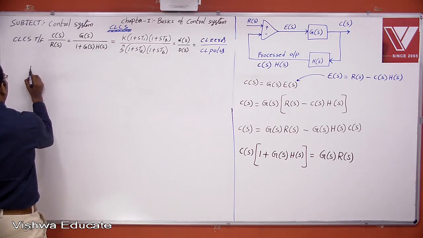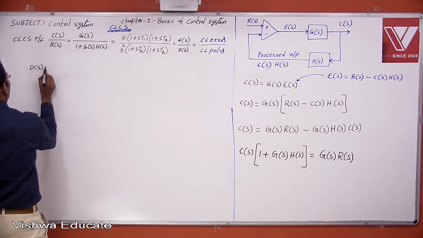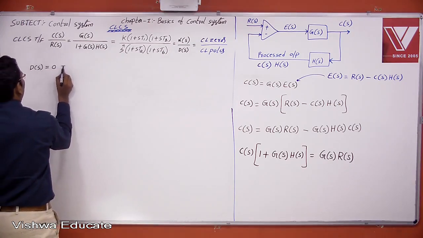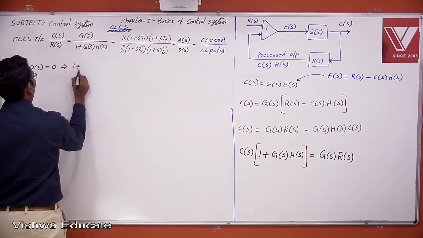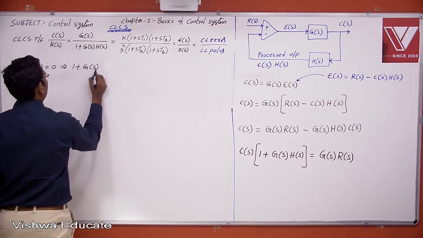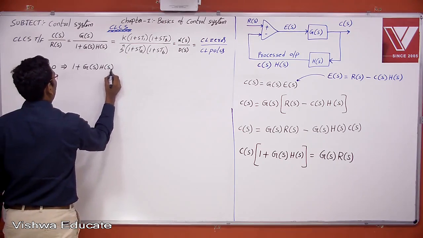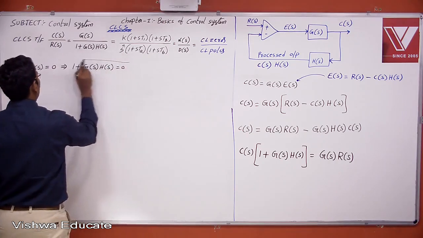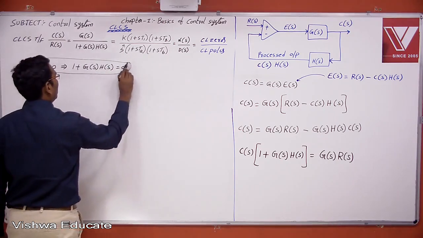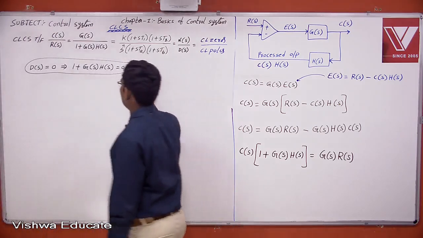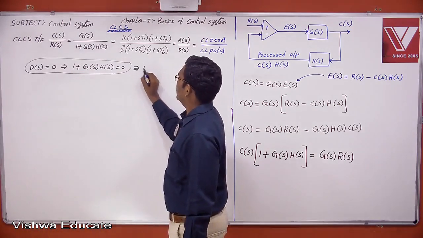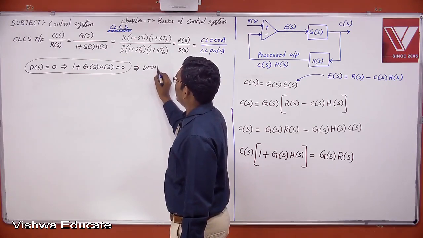Now before that, now see here, this is the denominator polynomial. What is the denominator polynomial? The denominator polynomial, which is nothing but 1 plus G of S H of S is equal to 0. This is the denominator polynomial of a closed loop control system.